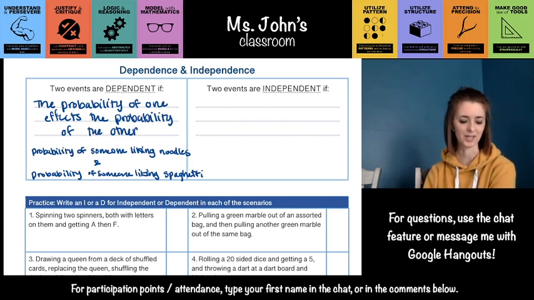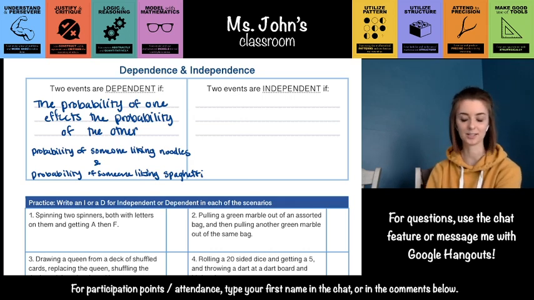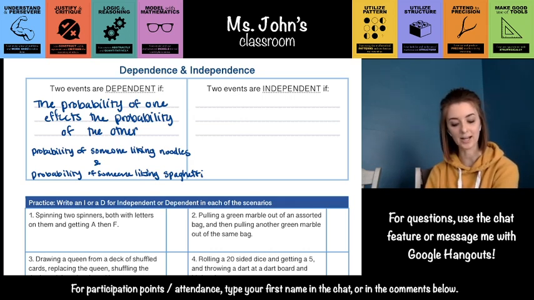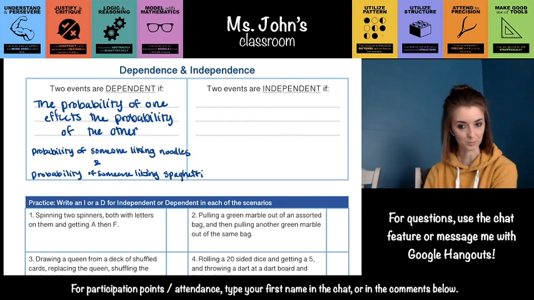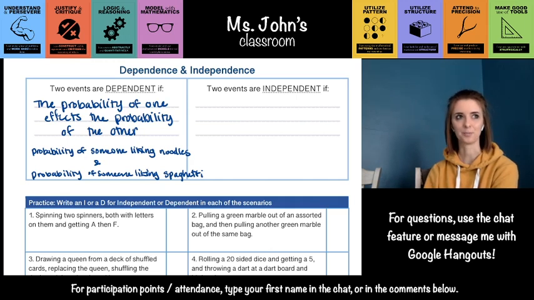One of the things that I have here, number 10 on this page, says a person's political party after age 20 and their parents' political party. That's something you would wonder about, and it probably is dependent, right?